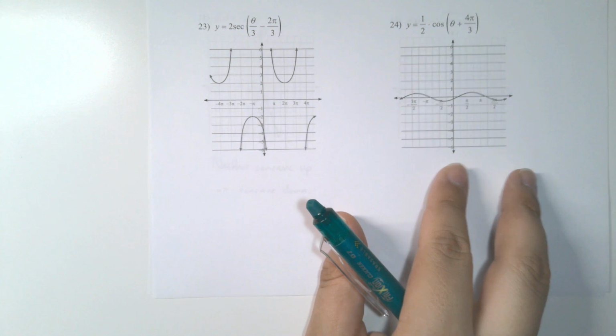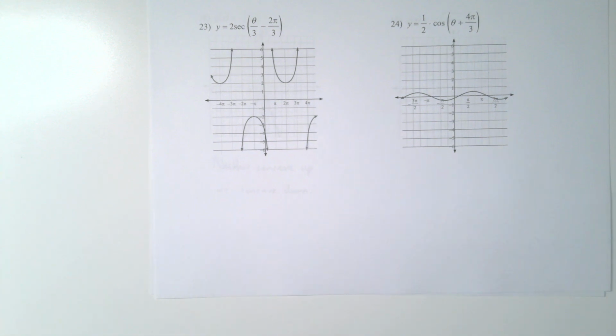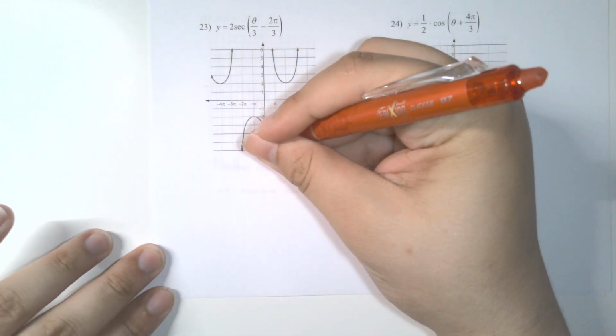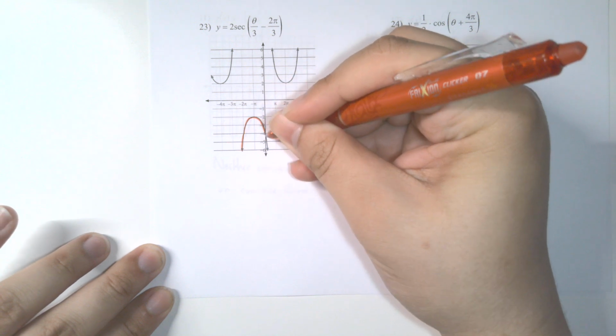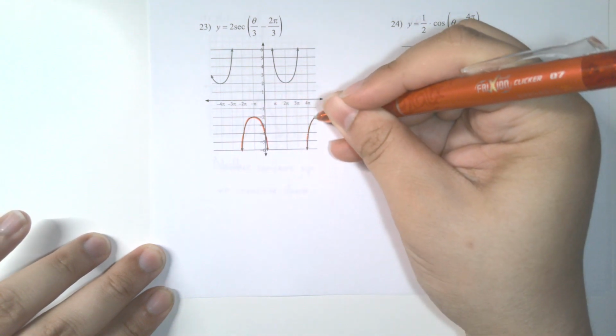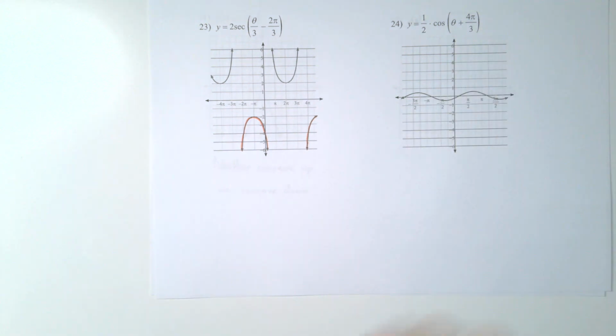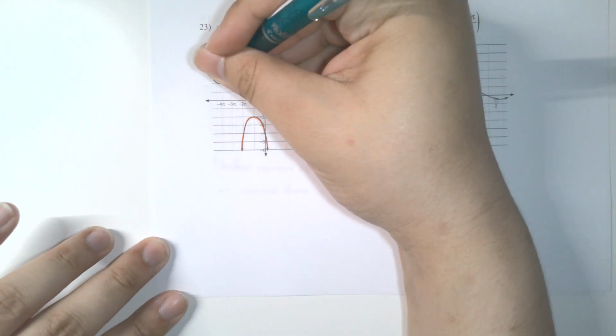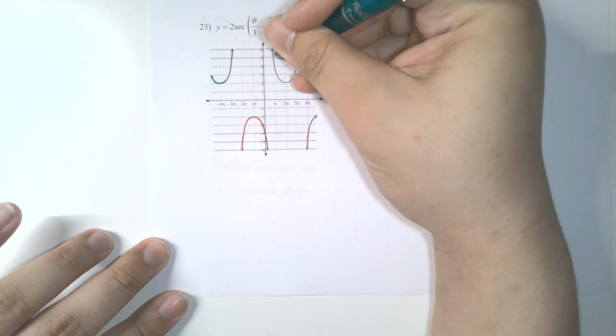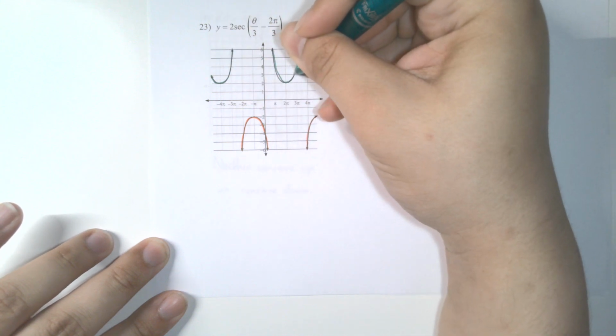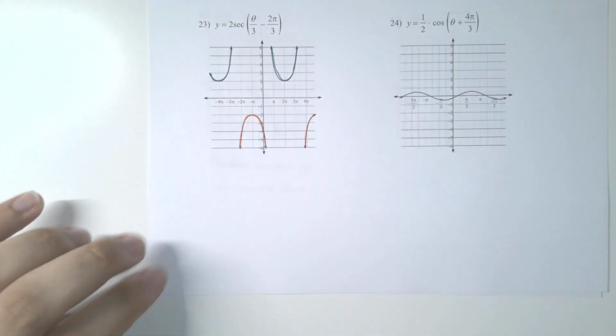And for the last one, I think this one's pretty easy. Concave down, right here, and right here. And concave up, right there, and right there.